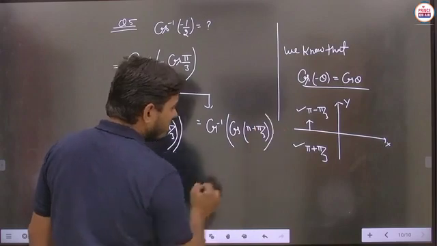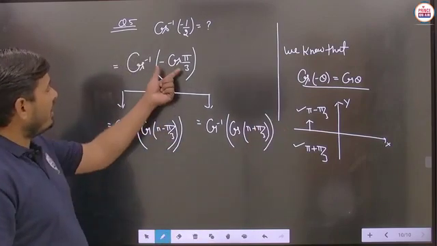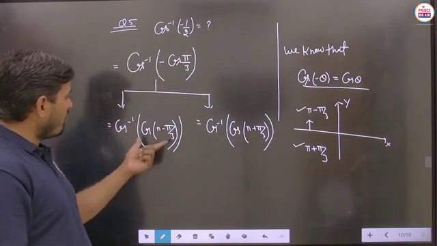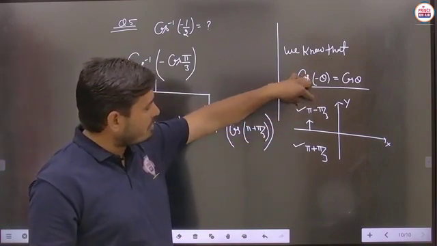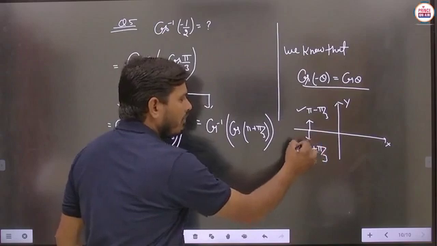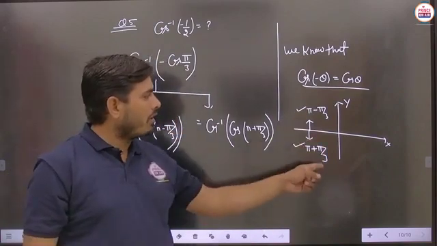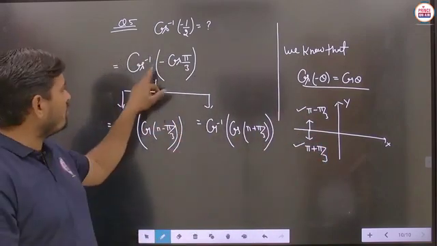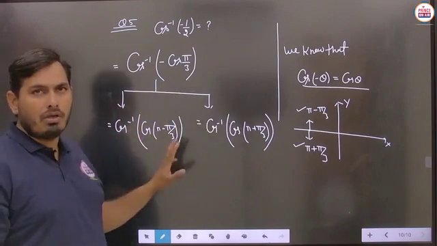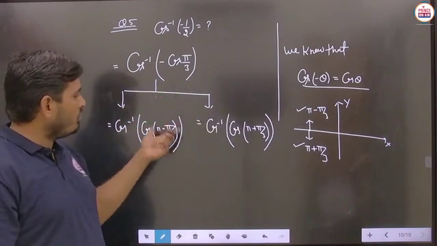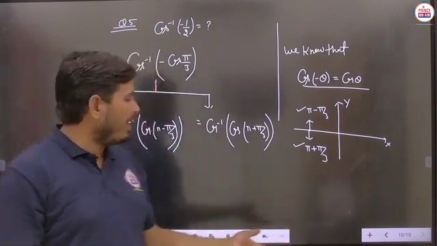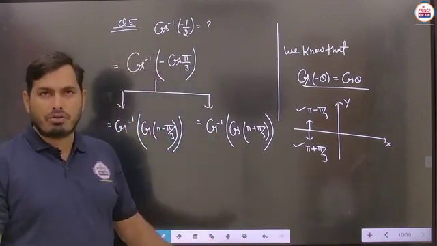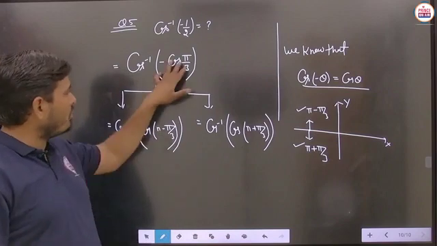We can write the value minus cos pi by 3 in this way, because in the second quadrant it is pi minus pi by 3, and in the third quadrant pi plus pi by 3. So in both quadrants the value of cos is negative, so this negative sign is consumed when we write the angle. And you know very well, cos of pi plus theta is minus cos theta, and cos of pi minus theta is minus cos theta. So there should be no problem related to the pi by 3 here.